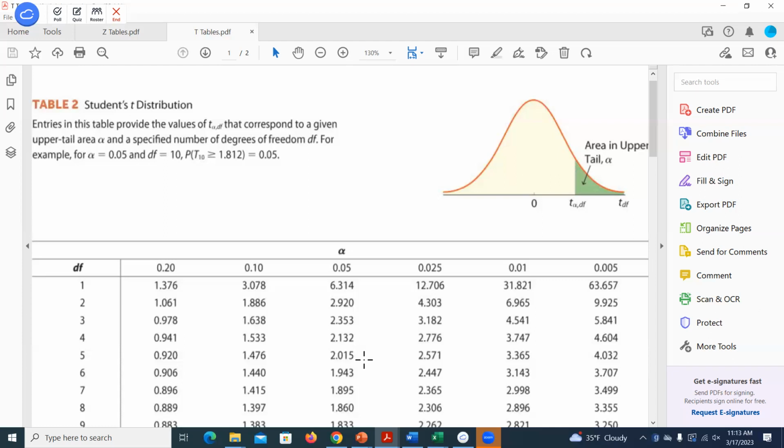Okay? So this table is similar to what we were doing with z-tables because at different degrees of freedom, I can look up the area I want in the tail and find the corresponding t value. Or I could look up a certain t value and find the corresponding area in the tail. That's exactly what we were doing with the standard normal.